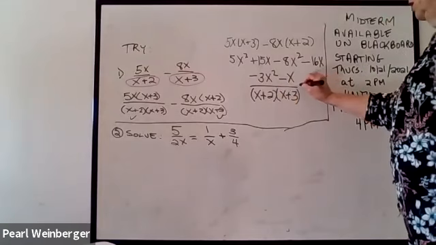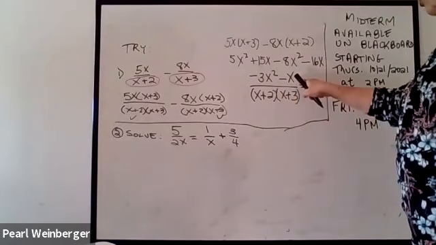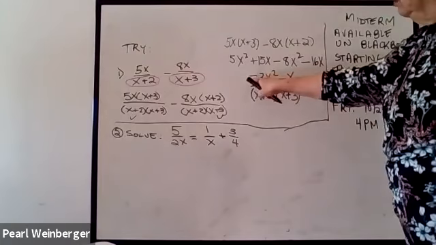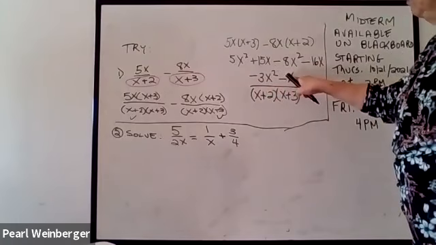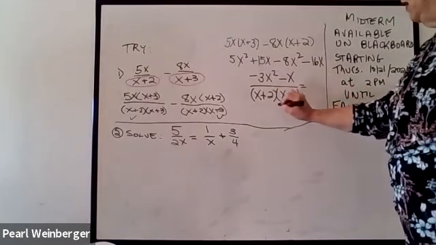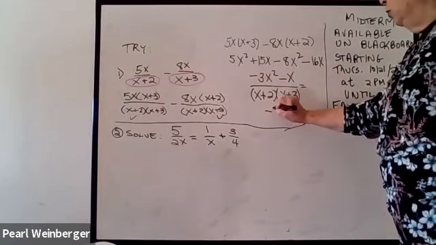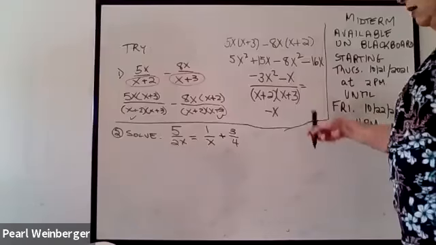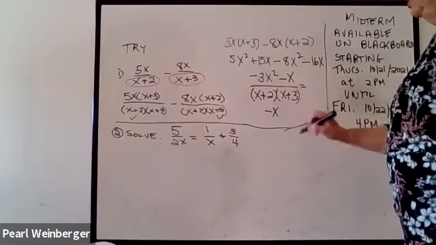If you notice, the numerator could have been factored by a negative 1x or a negative x. I notice I'm using a negative because the leading coefficient is negative.